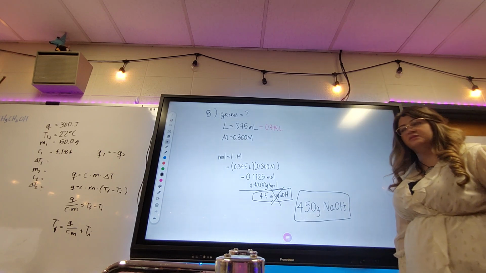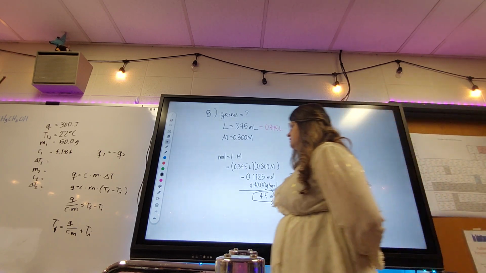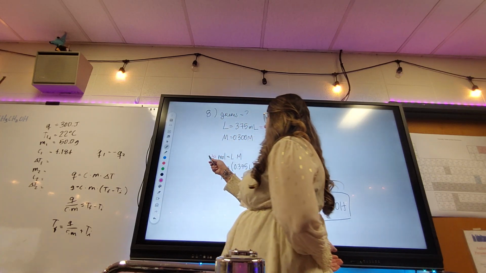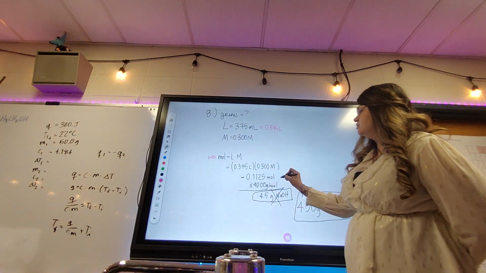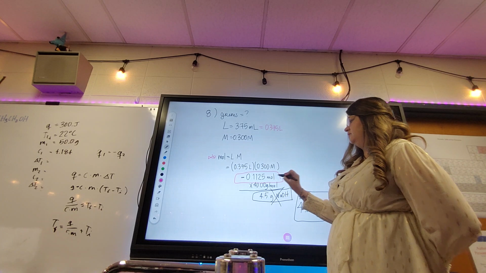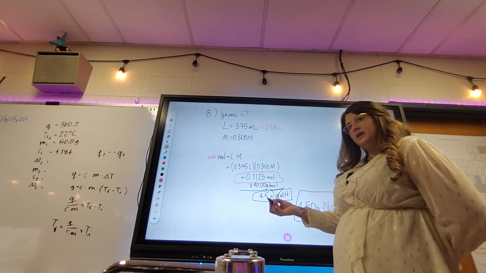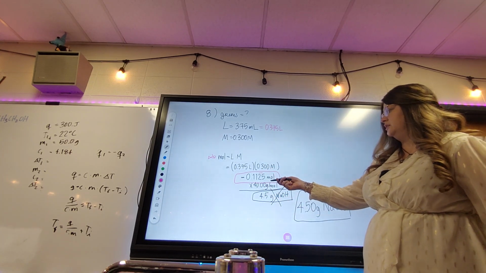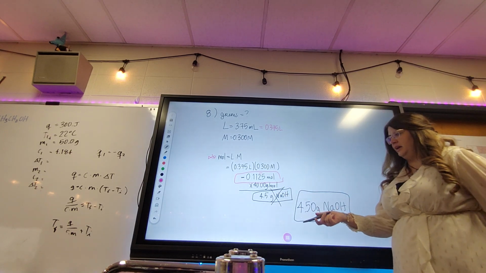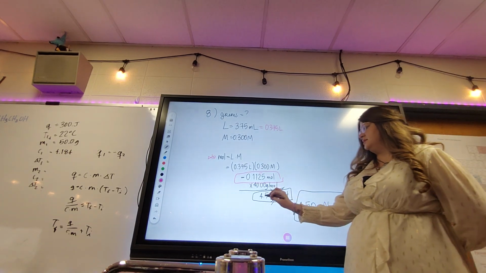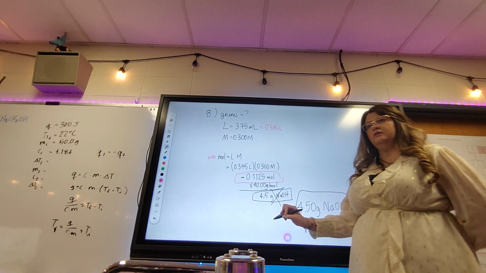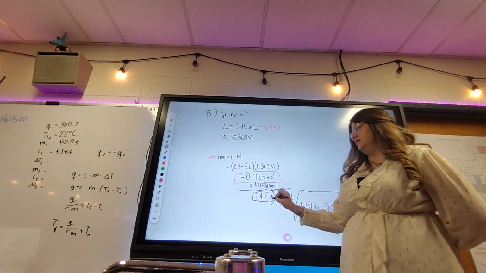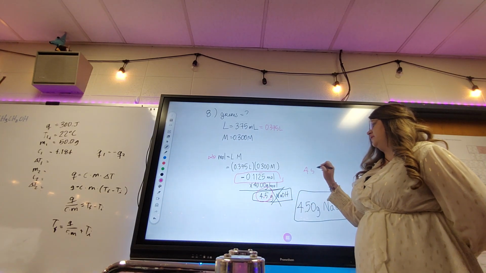But then I made another mistake. When I wrote down my answer for moles, this number here should only have three significant figures. While it's not the end of the world to write it down incorrectly, because I got this exact number from my calculator, I'm more tempted to write this than 4.500.